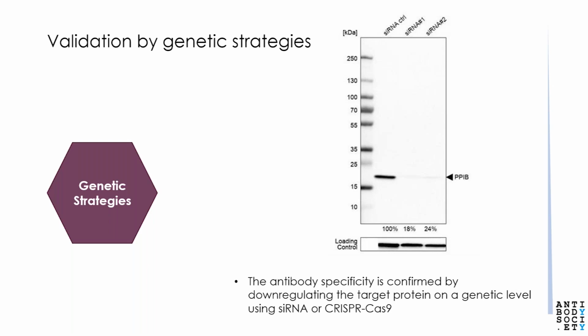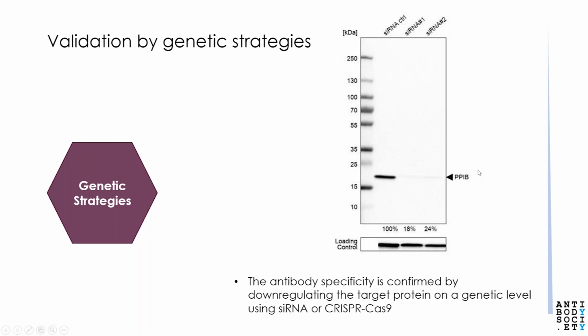And what we have here in this image is a representation of that. We have three different lanes. The first lane is an siRNA with a control or scramble sequence that doesn't target anything within the genome. Then you have the two other lanes that correspond with two different siRNAs targeting the protein of interest, which in this case is PPIB.